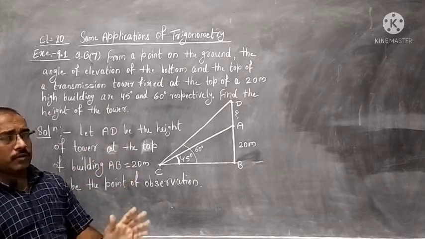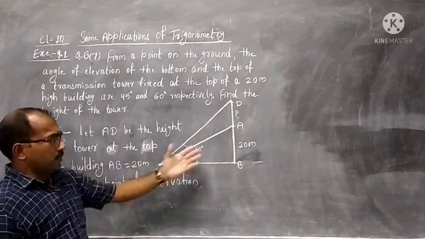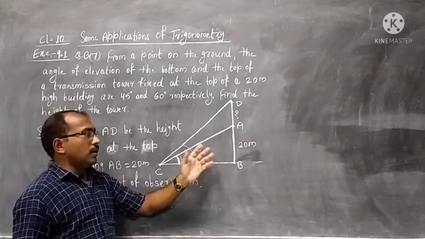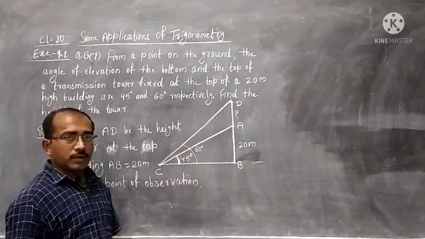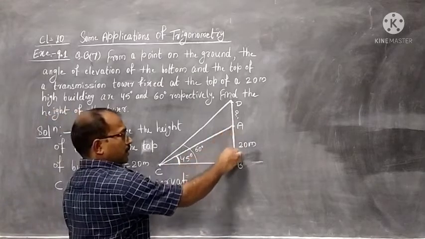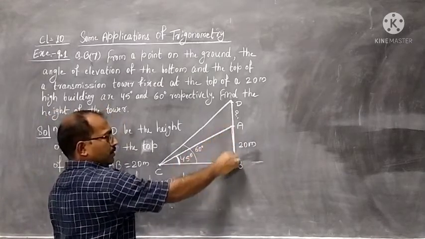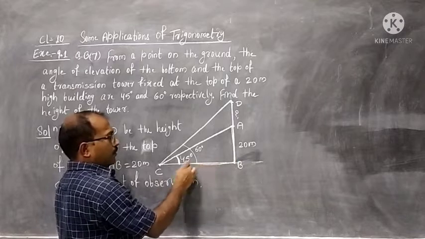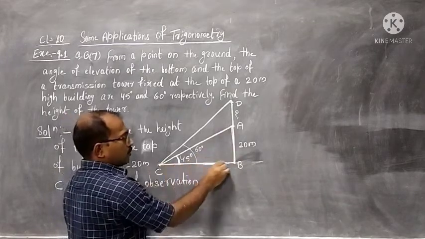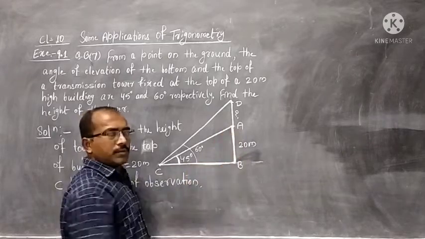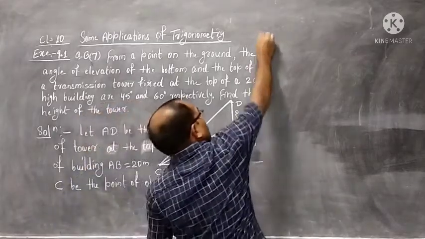Now, how will we find it? That question comes in our mind. Simple, we look at the triangle and ask ourselves what I have and what I shall find out. So, in this right triangle ABC we know the base and perpendicular relationship, so we will use tan.